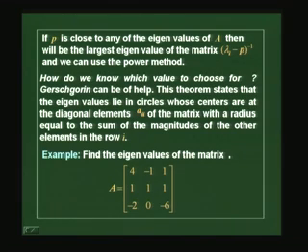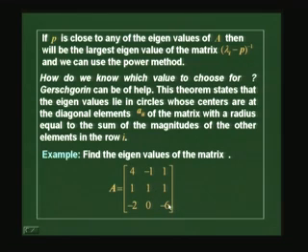We could, for example, use a theorem which says that the eigenvalues lie in circles whose centers are the diagonal elements. So for this matrix, the eigenvalues would be around 4, around 1, and around minus 6.